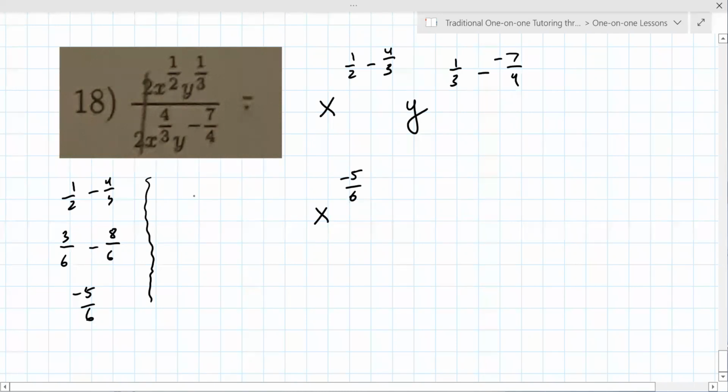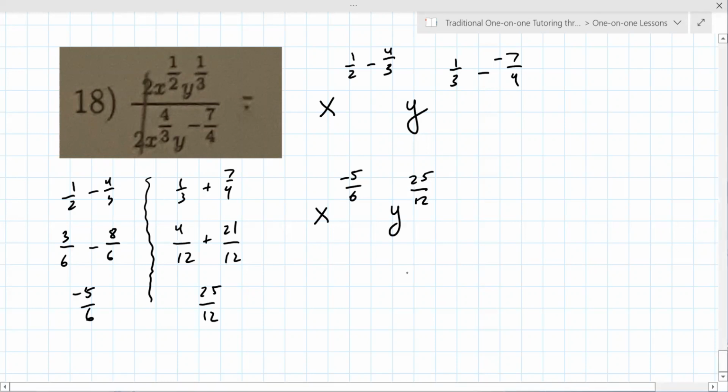The 1/3 plus 7/4 has a common denominator of 12, so it ends up being 25/12. And this is the point where you would manipulate them.